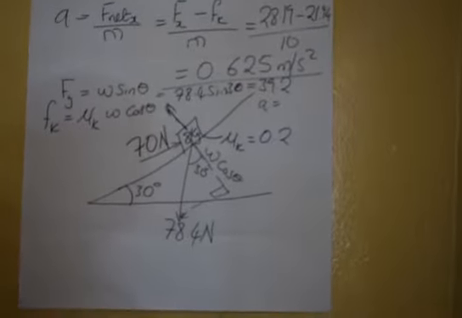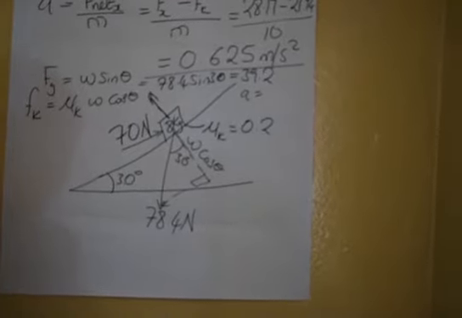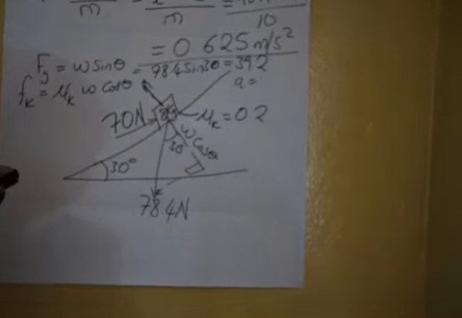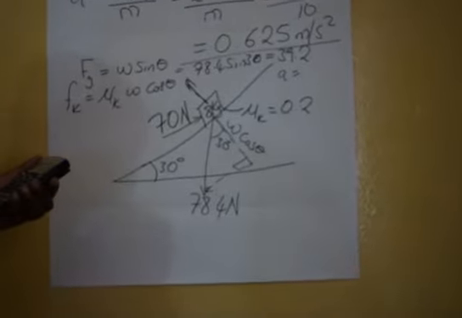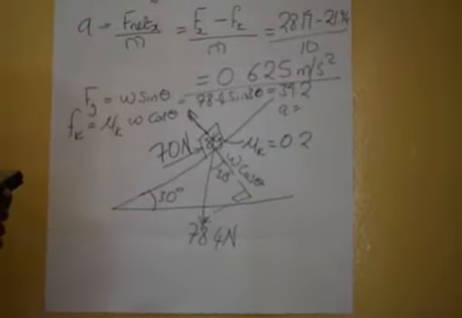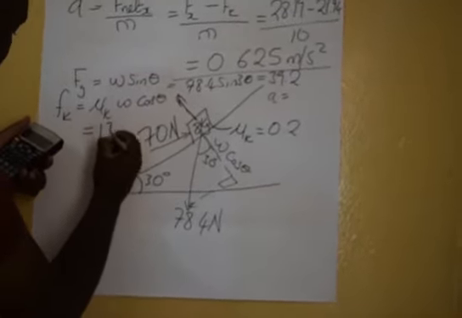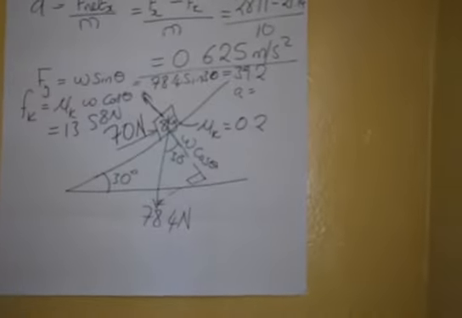Then how about the friction? It will be 0.2 times 78.4 times cos 30. So this one is simply 13.58 Newton. So these two are the opposing forces, they are the resistive forces here.